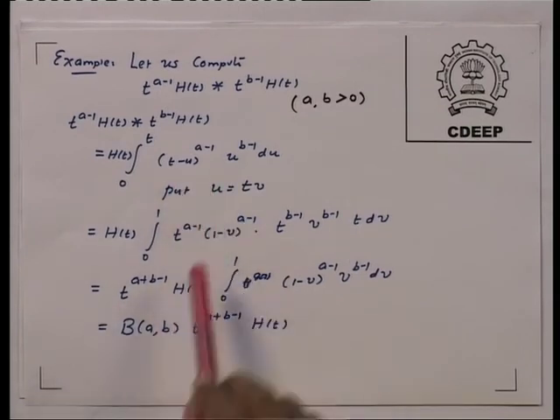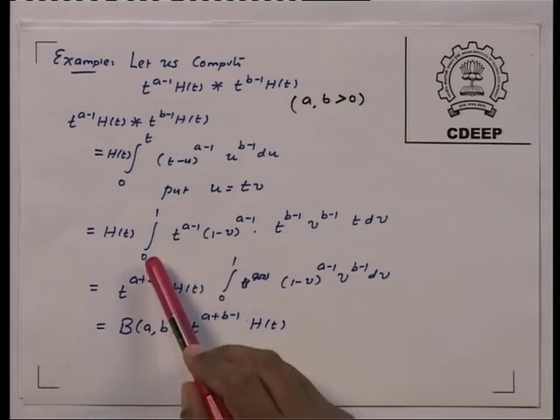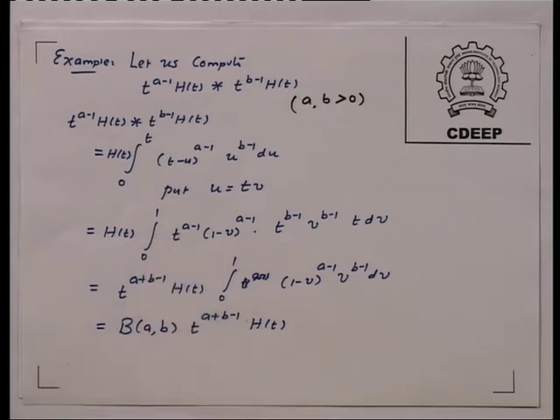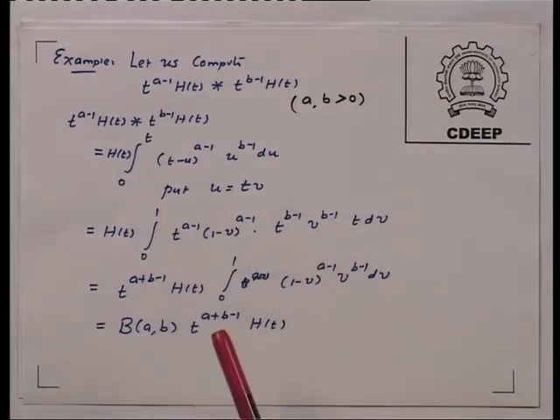So, now here you put u equal to tv, then the integral becomes an integral from 0 to 1, t to the power a minus 1 (1 minus v) to the power a minus 1 from here, and from here t to the power b minus 1 v to the power b minus 1, and from the du piece you get t dv.